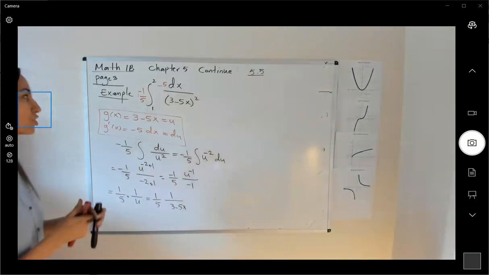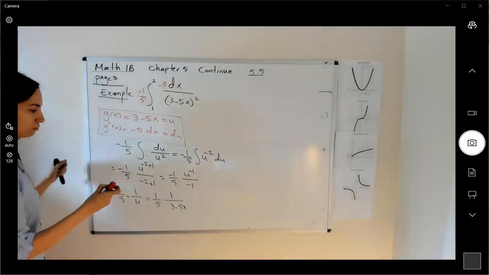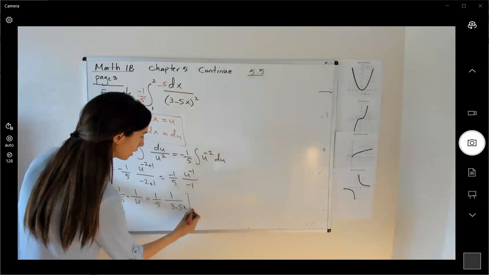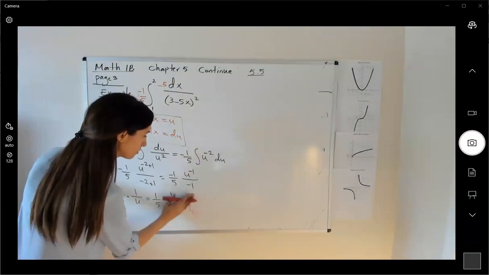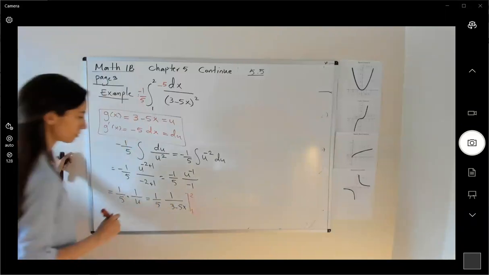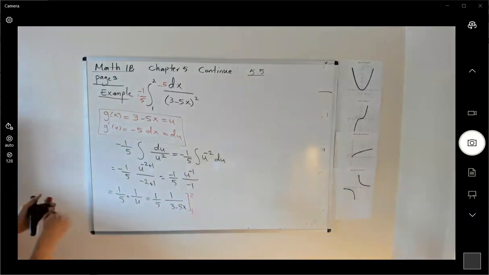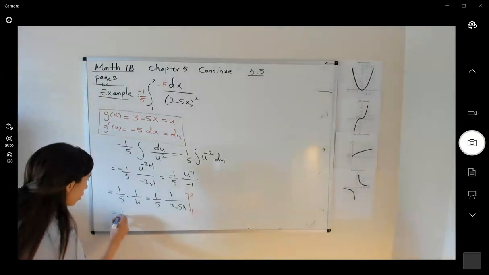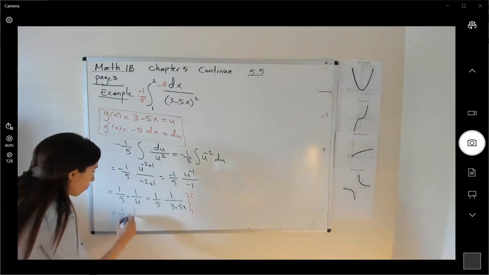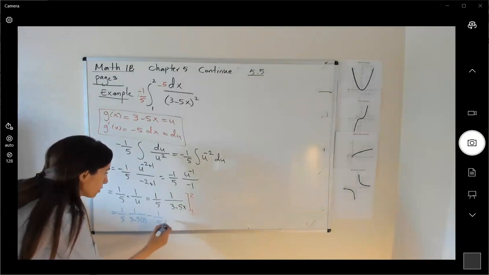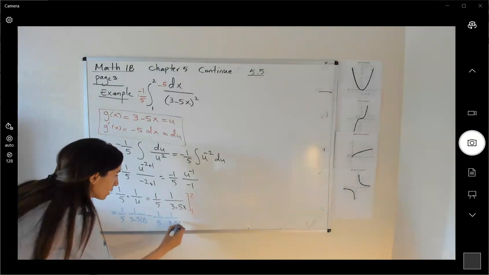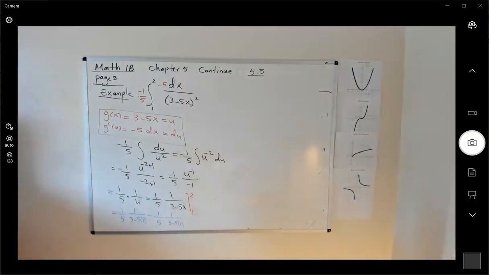And your x ranges between 1 and 2, which is easy to calculate. Here I have 1 over 5 times 1 divided by 3 minus 5 times 2, minus 1/5 times 1 over 3 minus 5 times 1.